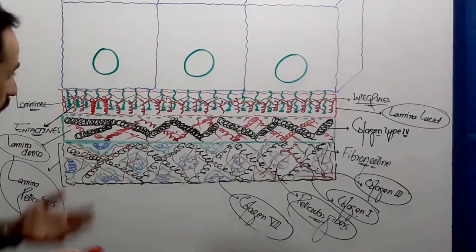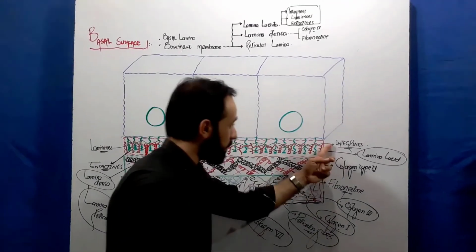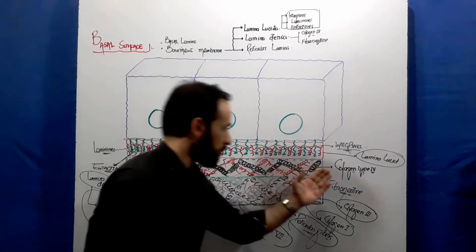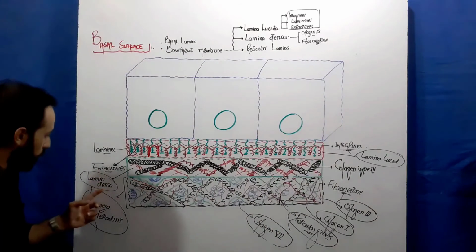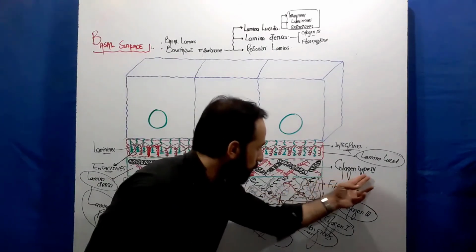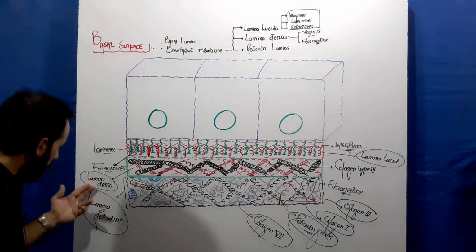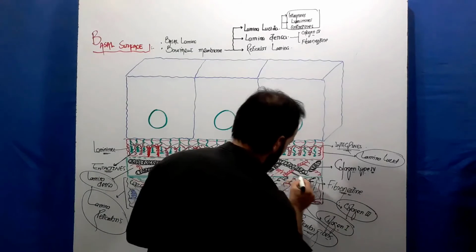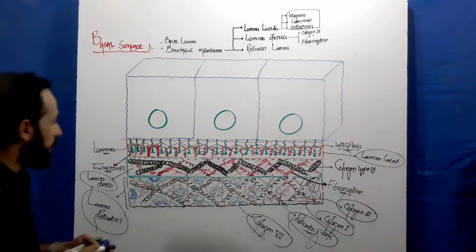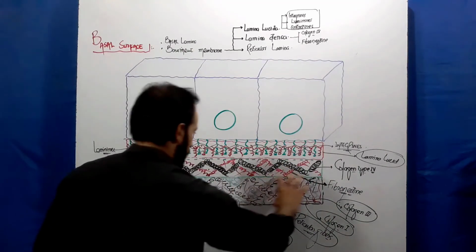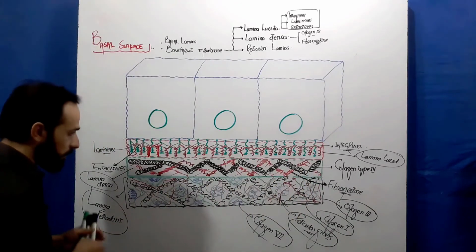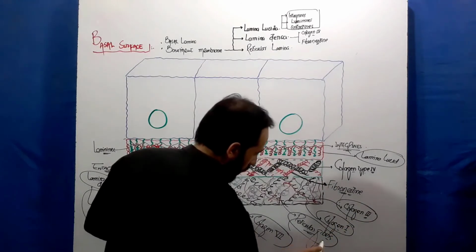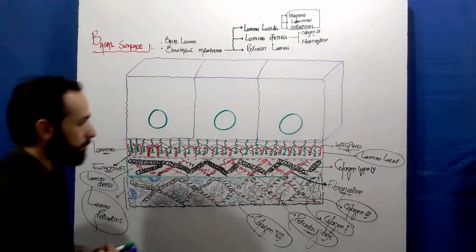There is the lamina lucida, which is composed mostly of integrin proteins and laminin proteins. Then there is the lamina densa, which is composed of collagen type 4, and fibronectin fibers are also found there. Then there is the third layer, the lamina reticularis, composed of collagen type 3, collagen type 1, reticular fibers and collagen type 7.